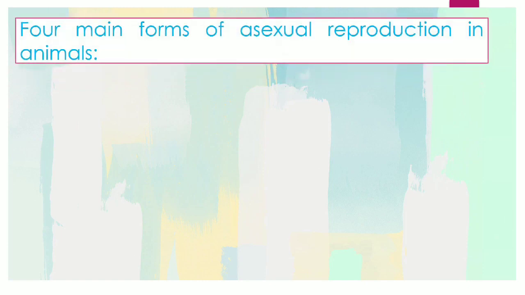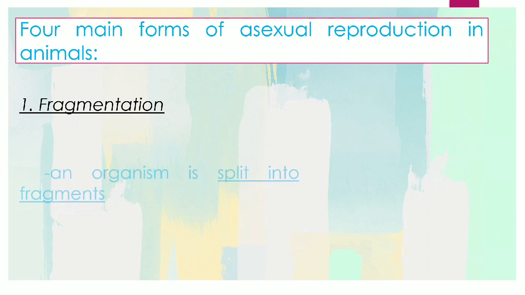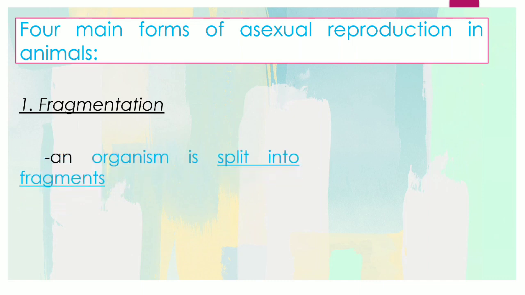The four main forms of asexual reproduction in animals. First, fragmentation. In fragmentation, an organism is split into fragments, meaning the body breaks off into two parts.